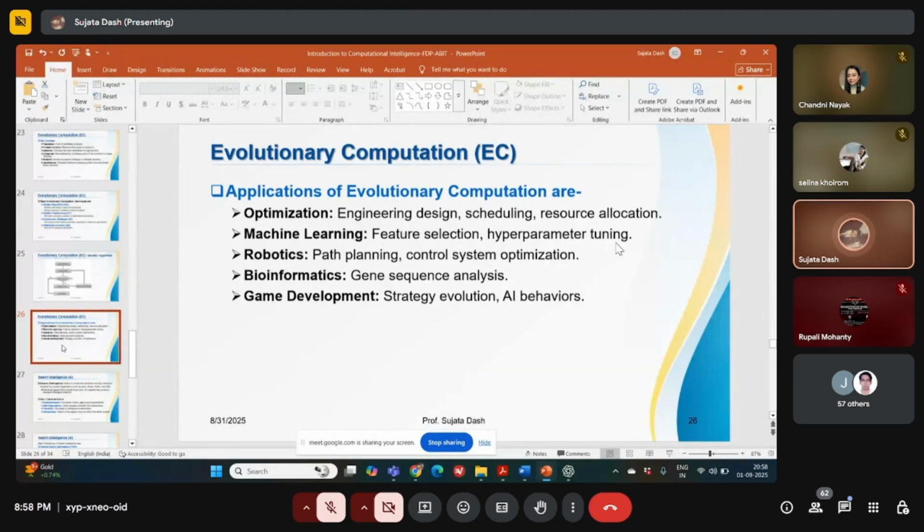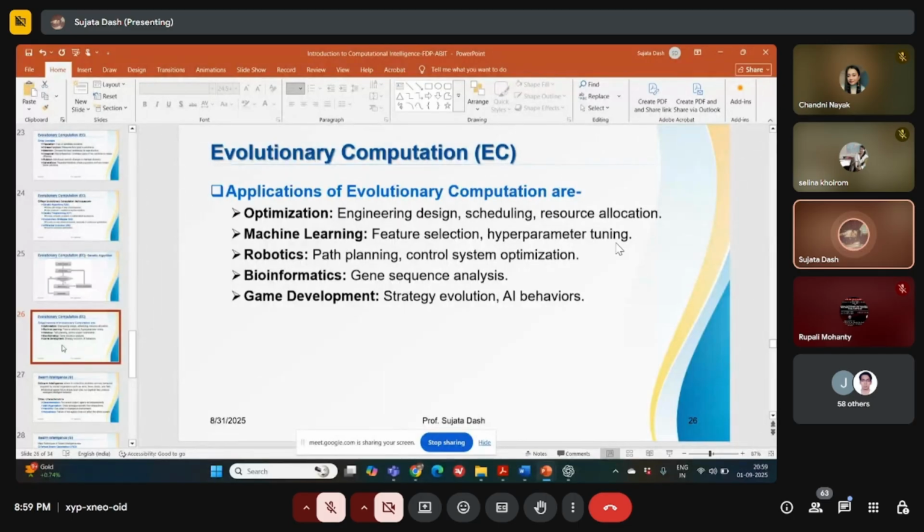In machine learning problems, you can apply it for feature selection and hyperparameter tuning. Also, it can be applied to robotics for path planning and control system optimization, and bioinformatics problems can also be solved through this. And in game development, by strategy evolution and AI behaviors, we can apply this for game development.